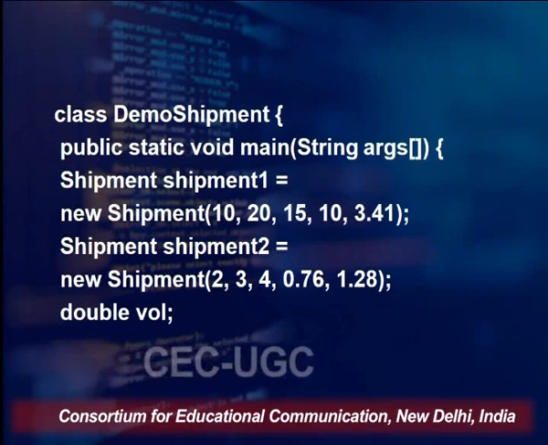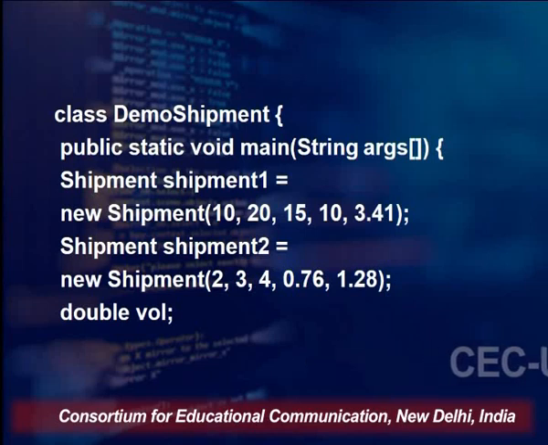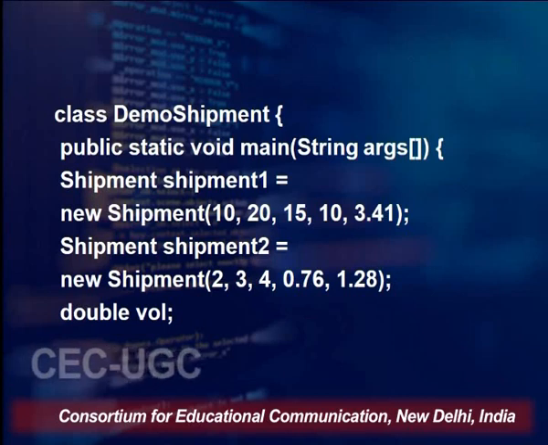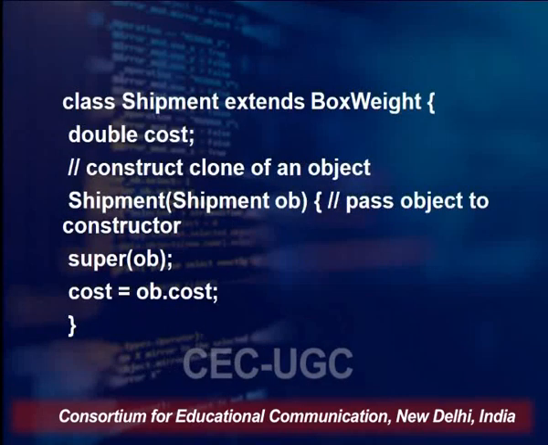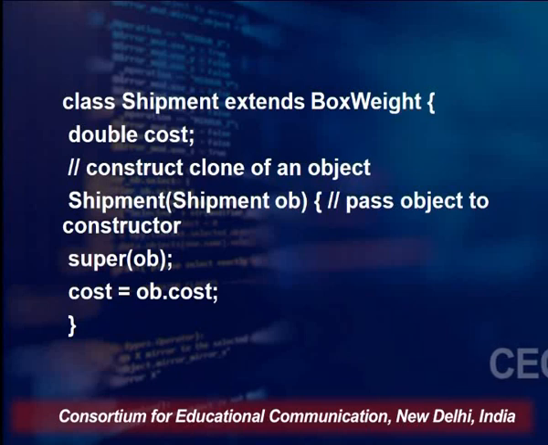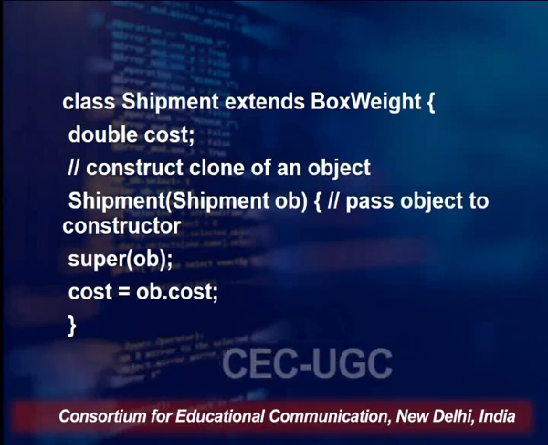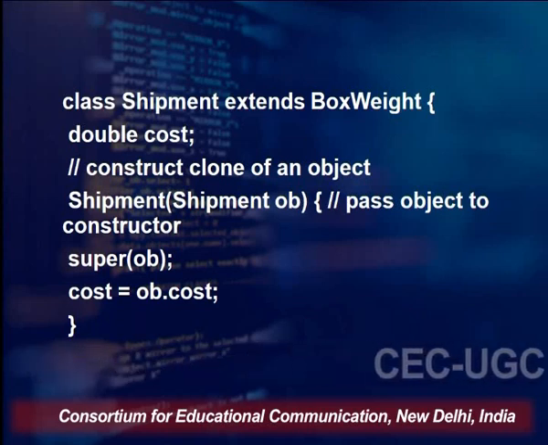Here please remember, or you can notice yourself, that we have used just one constructor. We have not used 4 constructors inside Shipment, in which one is the clone constructor, another one is a default constructor, then some with the cube dimensions and so on.